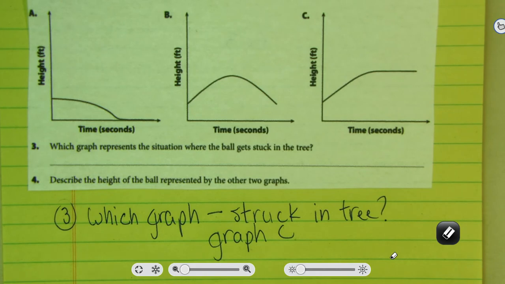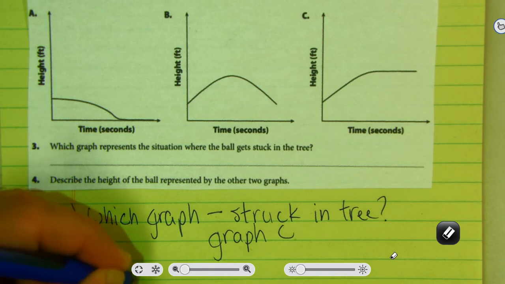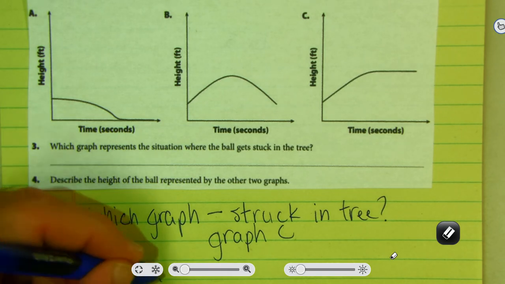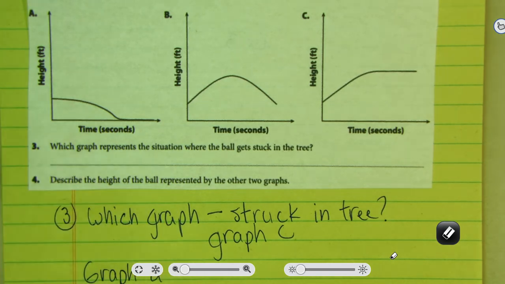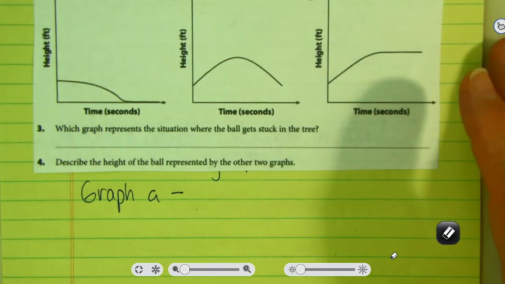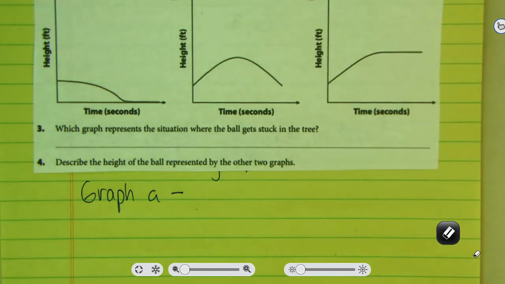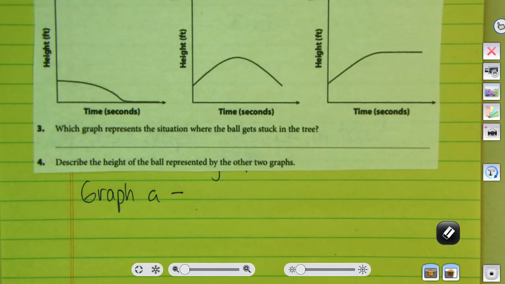Well, what's going on then in graph A? What do you think? Which situation is that? What happened there? You threw it and then it rolled on the ground. Yeah, exactly. You threw it and it rolled on the ground. Perfect.